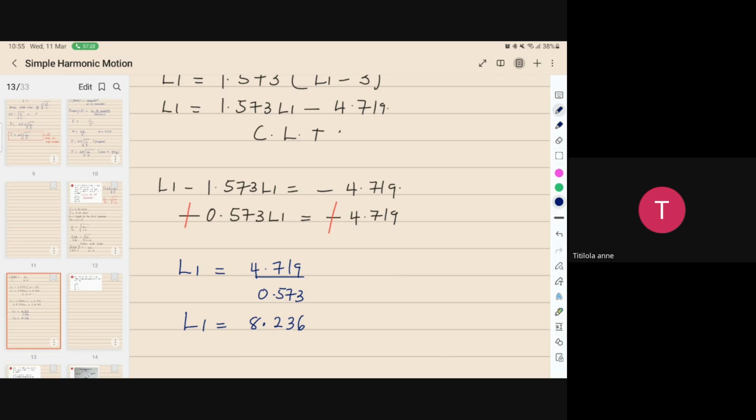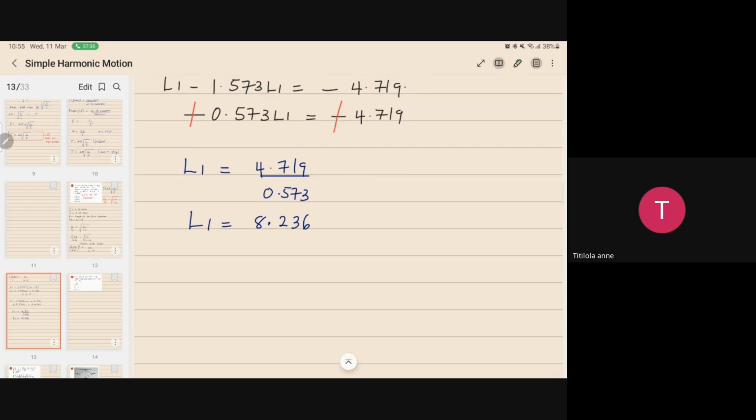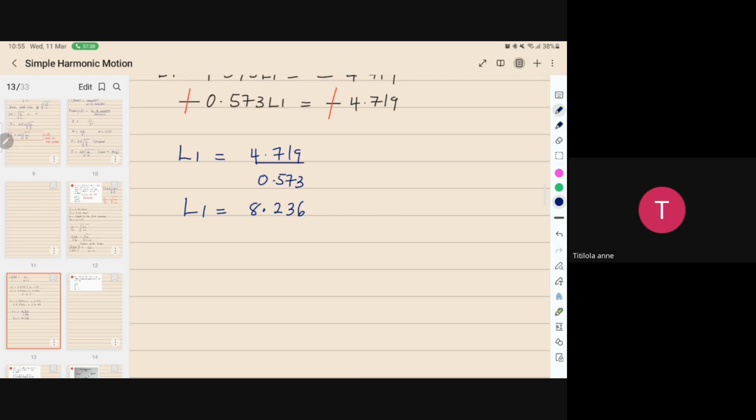But what we need to get is our L2. Are we there? What we need to get is our L2. But remember that we said that L2 is equal to L1 minus 3. So L2 will be equal to 8.236 minus 3.